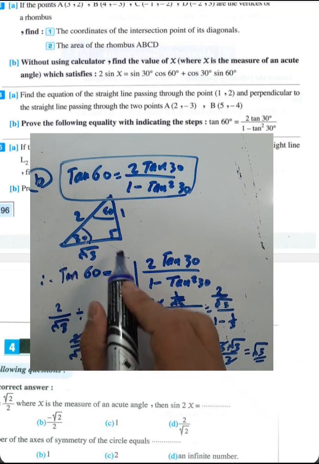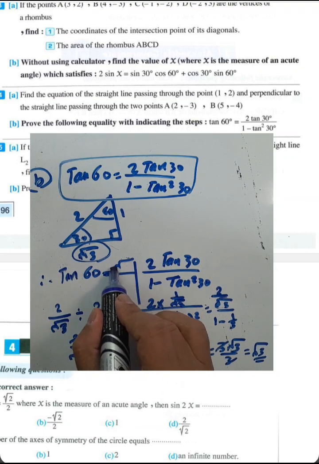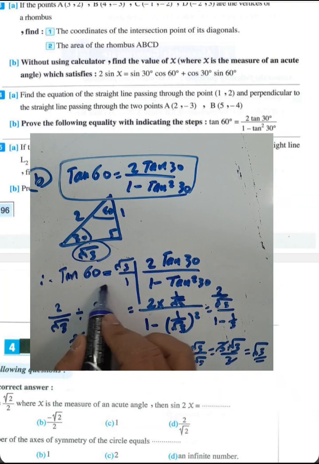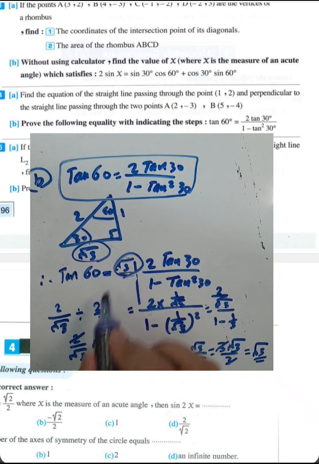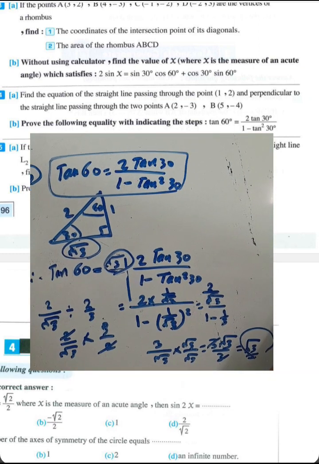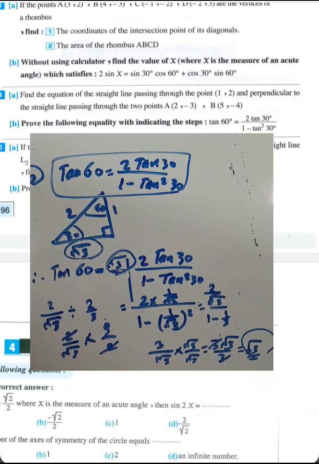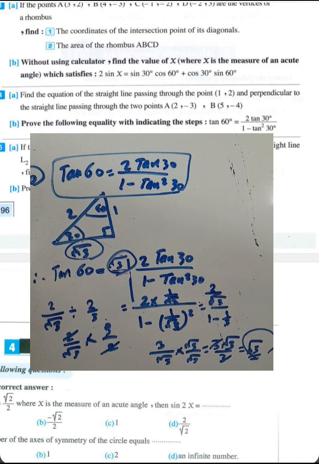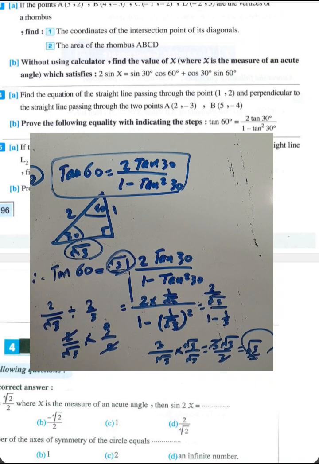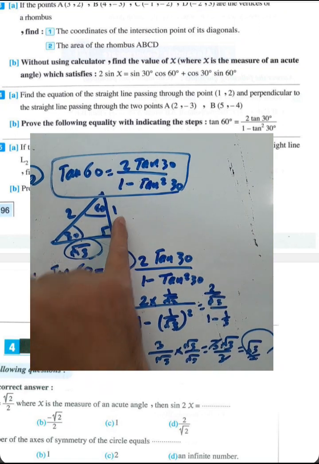Tan 60 will be root 3 over 1. Then tan 60 will be root 3. Then left hand side equals right hand side equals root 3. Sine 60 will be opposite over hypotenuse, but tan will be opposite over adjacent. Root 3 over 1 will be root 3.